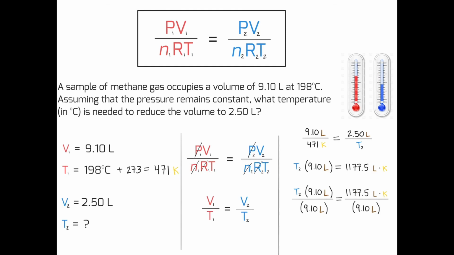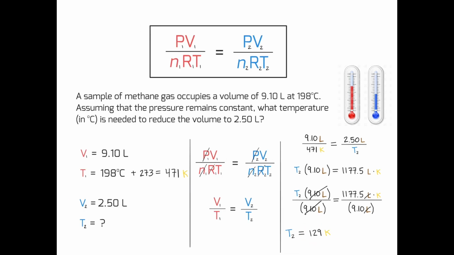And on the left side here we have 9.1 liters over 9.1 liters, which means that those can cancel. On the right hand side we can see we have liters on top and liters on bottom, so those units are going to cancel. So now we divide 1177.5 by 9.10, and what we get is 129 Kelvin.